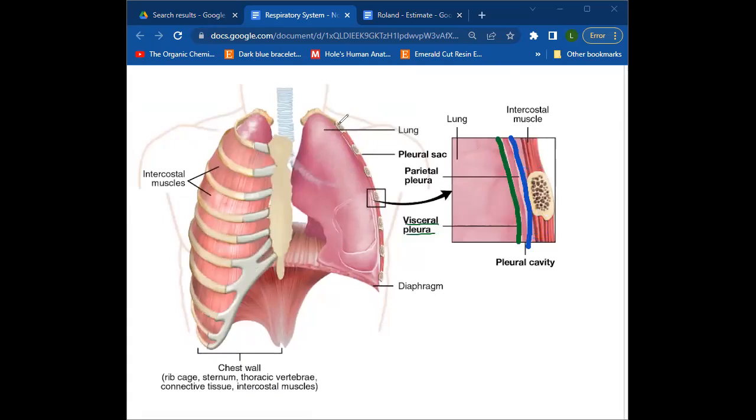But on this bigger diagram, the parietal pleura would be all along here, along the outside, but also down here against the diaphragm, against the heart, and against the sternum, like that.